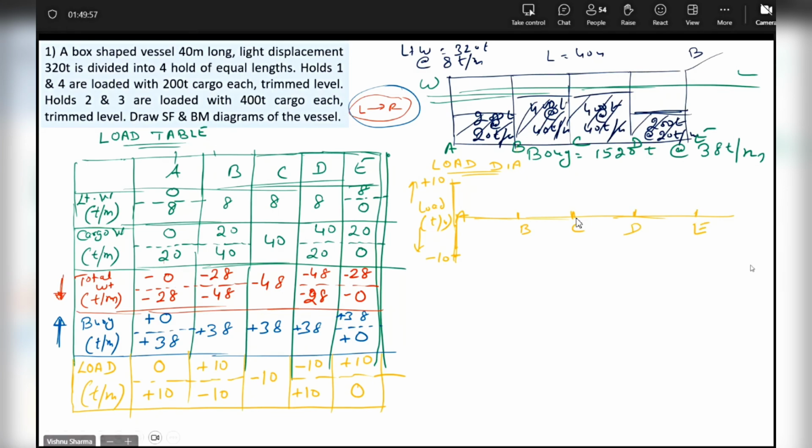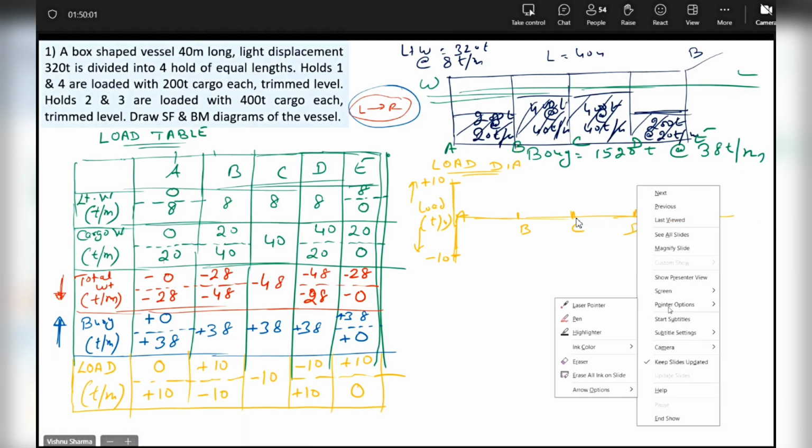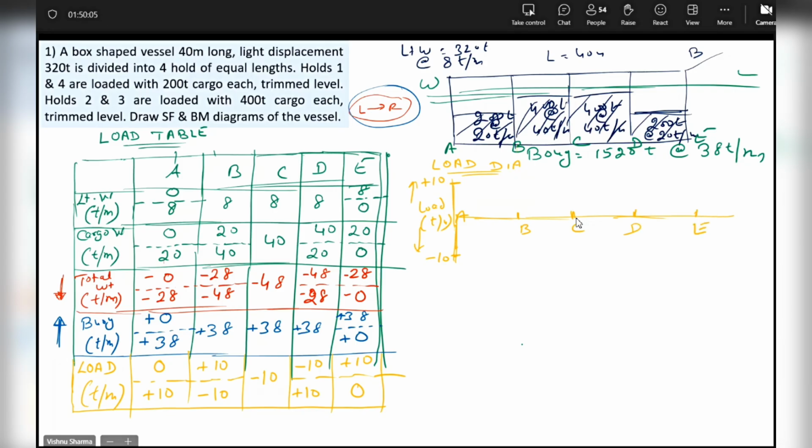Now, at A, the load changes from 0 to plus 10. Look at the table, beta. Then from A to B, it remains plus 10. At B, it goes to minus 10.